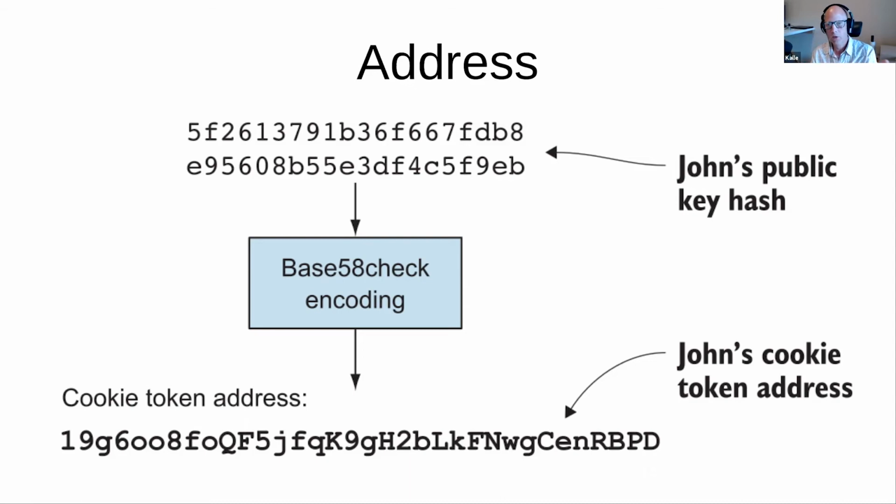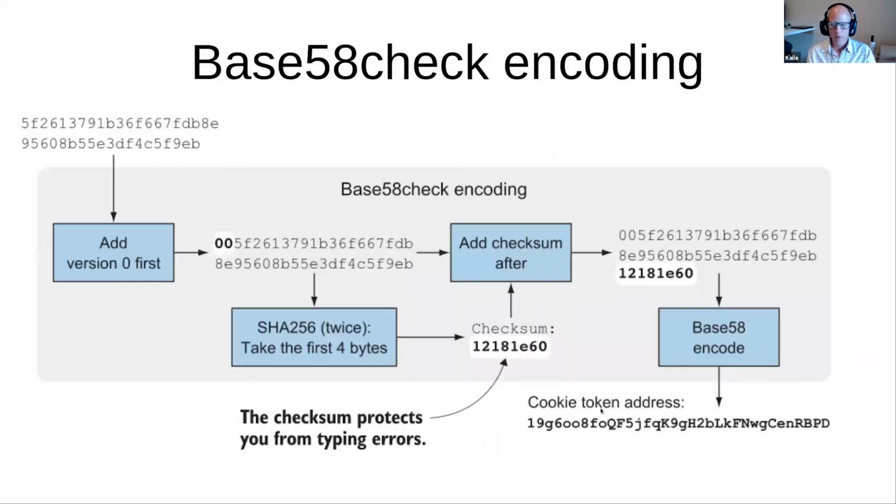So when John wants to receive money, he doesn't give the sender his public key hash. He gives the sender his address. That's important. So let's see how he creates his address more closely.